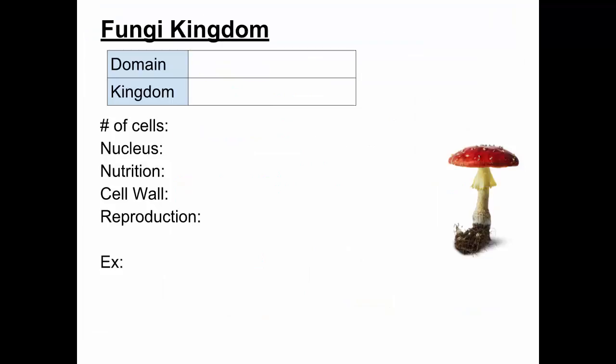All right, so let's talk a bit about fungi. So in our kingdom, we've talked about bacteria, we've talked about archaea, we talked about protists. Now we'll talk about fungi, then we'll move on to plants and eventually animals. So fungi, and I don't remember what domain they belong in.